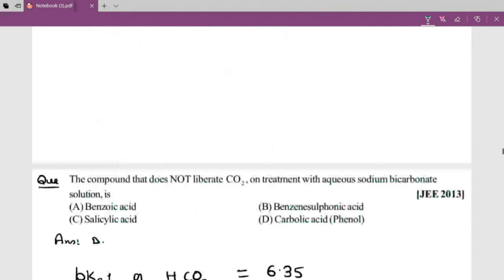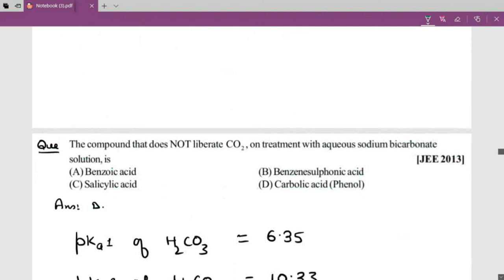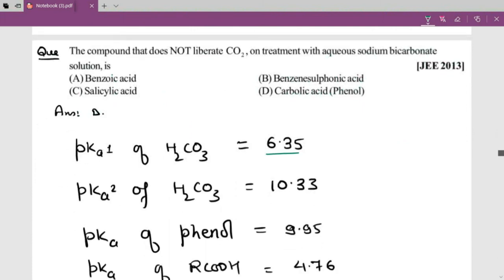Okay, I have written the values for H2CO3. First pKa is 6.35, second is 10.33. But as we are asked to react with bicarbonate, we have to use the pKa 6.35 for comparison. So anything that will have a lesser pKa than 6.35 will make the reaction go forward.